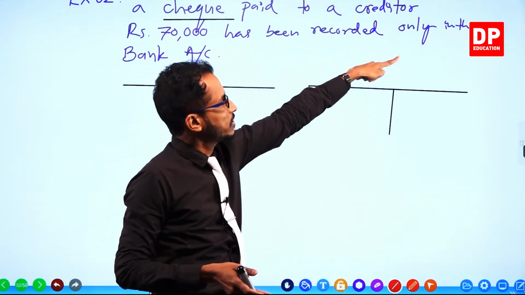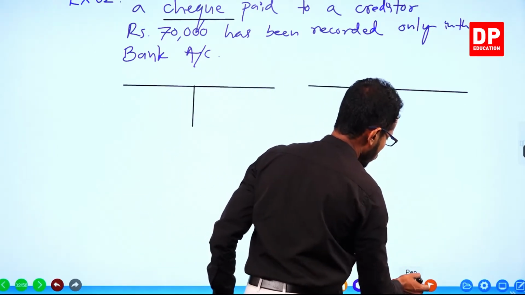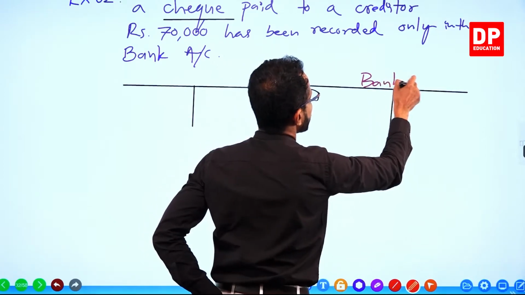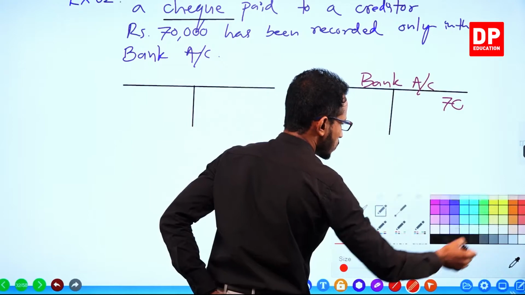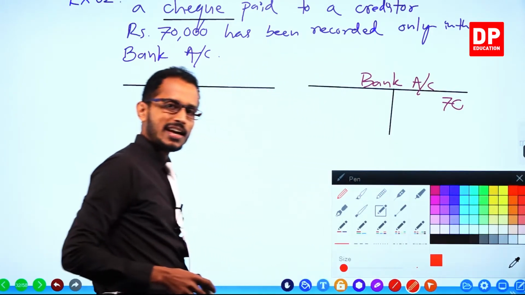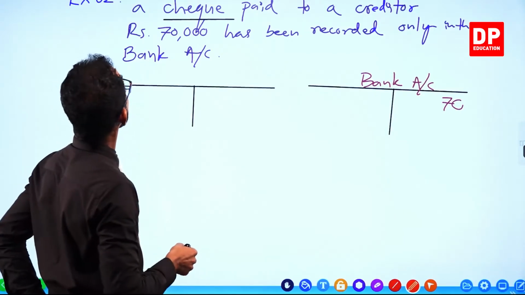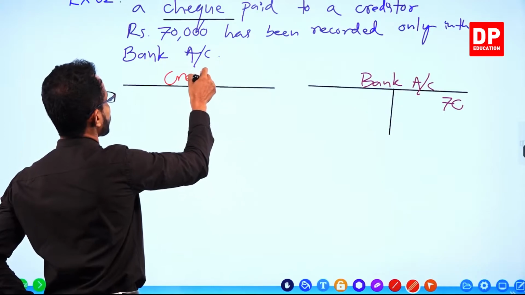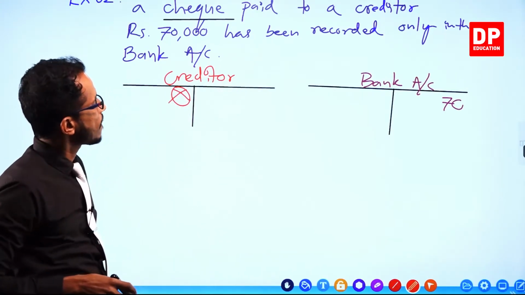But in this error, what has happened? It has been recorded only in the bank account. So bank account is credited with 70,000, but Mr. Annadurai's account, that is the creditor, is not debited.